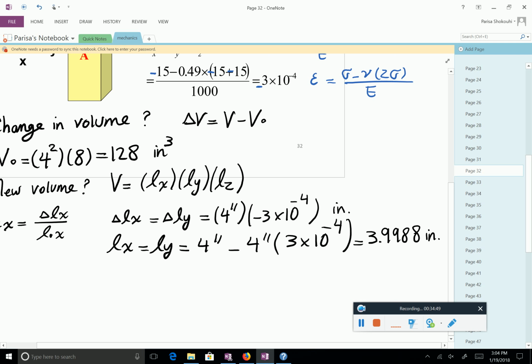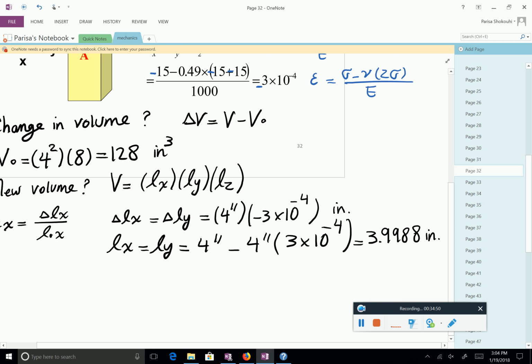And strain doesn't have a unit, but change in length has a unit. And you can do the same in the other direction, which is longer. So this is the change in length. The new length is the original one, which was 8 inches, incorporating this change.